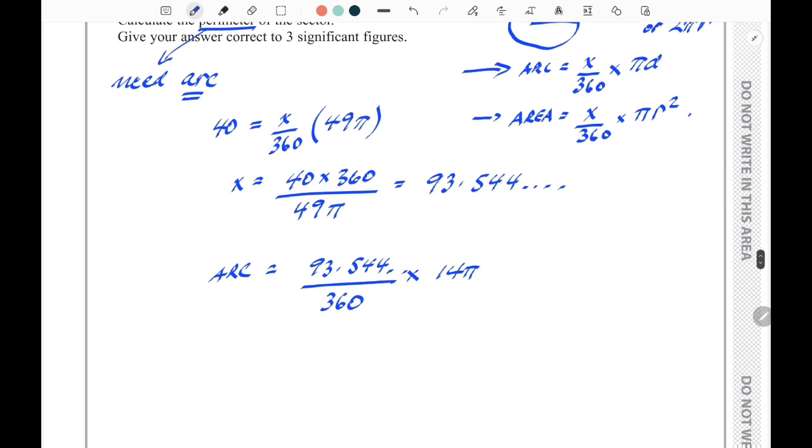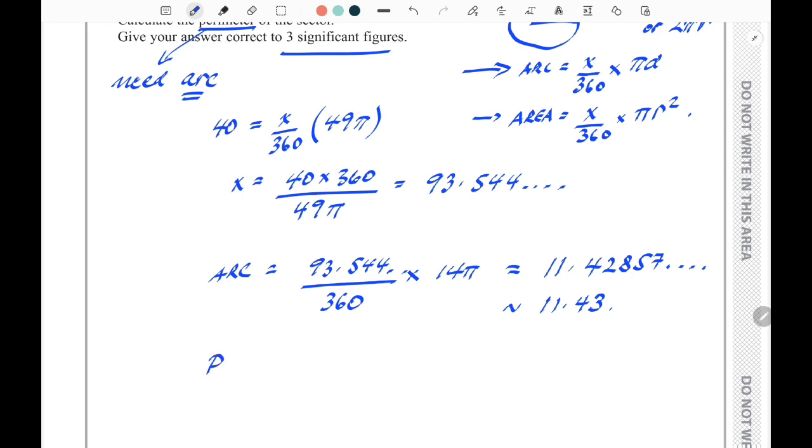And again, calculating that out, you get a total of 11.43, 4, 2, 8, 5, 7, etc. So 11.43 in this case is more than enough. And remember, the question says 3 significant figures.